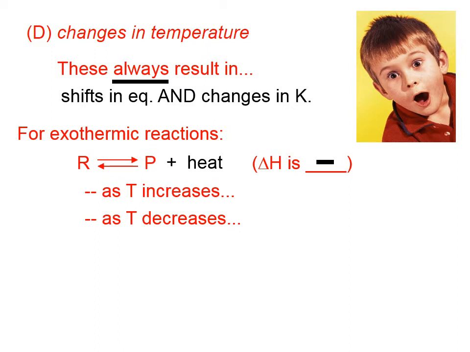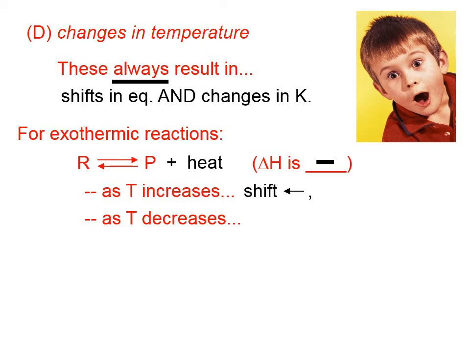Now, we simply treat temperature or heat as another reaction component. And earlier, we talked about how if you increase the amount of a substance, the equilibrium will shift away from that. If you decrease the amount of a substance, the equilibrium will shift towards that. It's the same idea here. As the temperature increases, we can think of the system saying, wow, look at all this heat I have. I've got to use it up.